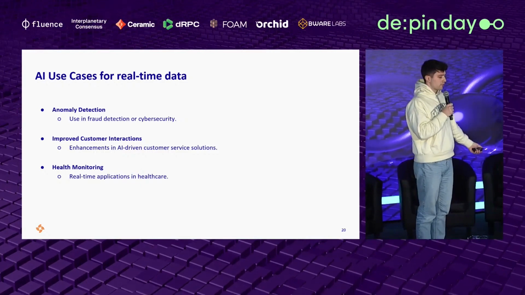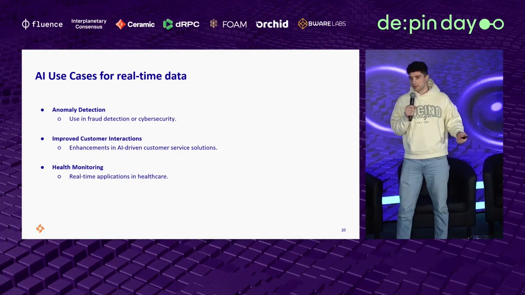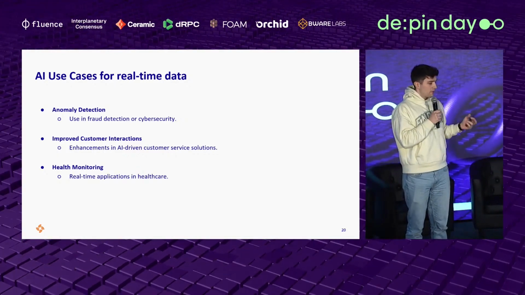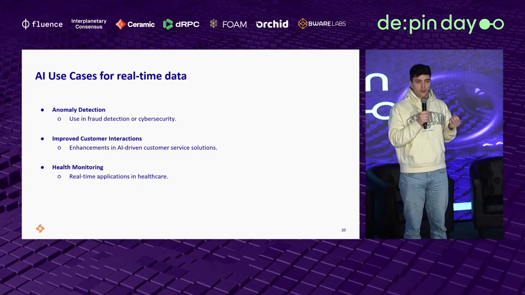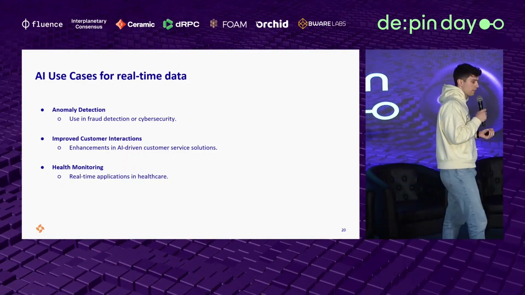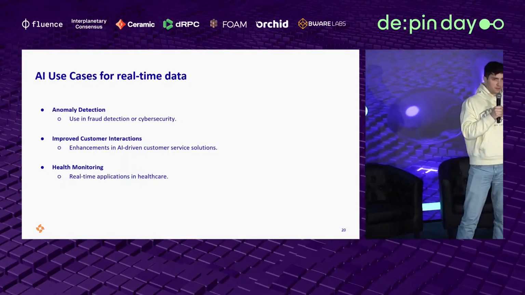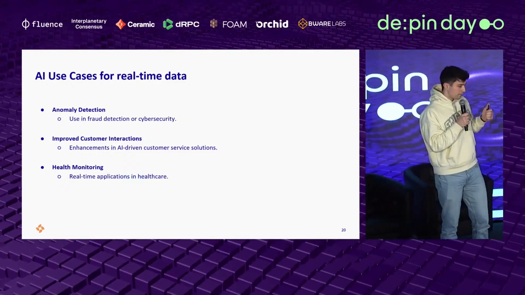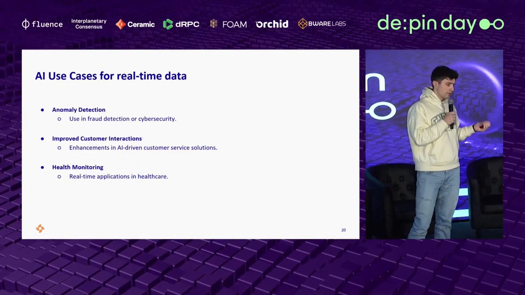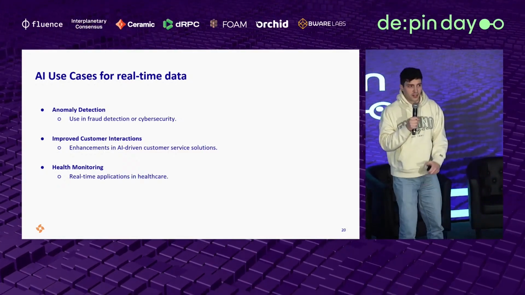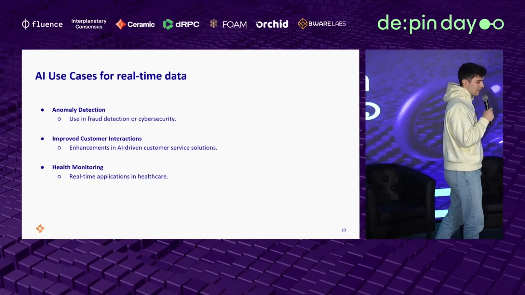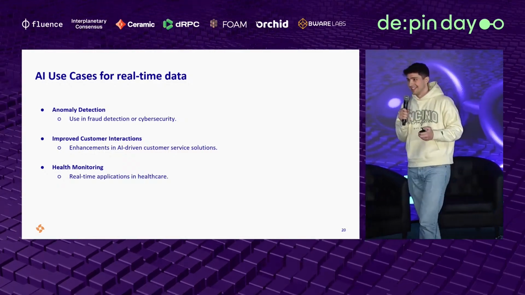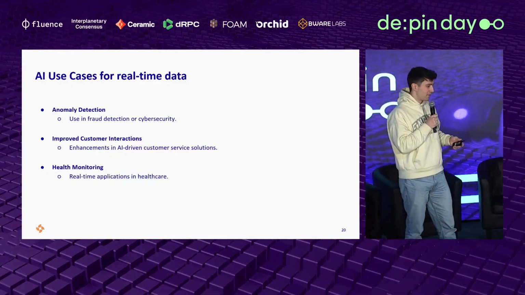And then health monitoring is also a really cool project. There are lots of DePIN projects, or data unions actually, that have this real-time data where you share your health data in real time. Now, if we do this and it's all ethically available and everything, you can use that for AI, right? You have some hospital listening to it, or whatever you can think of, and making decisions, telling you, hey, maybe you have a problem with your heart, go see the doctor, stuff like that, right?